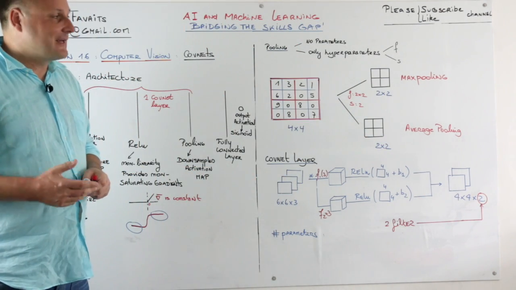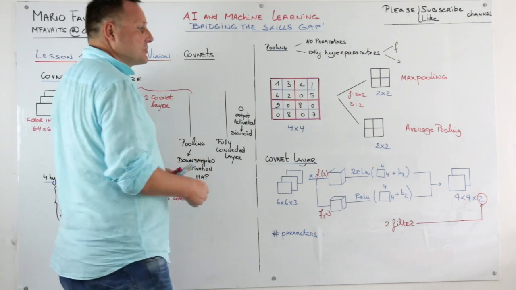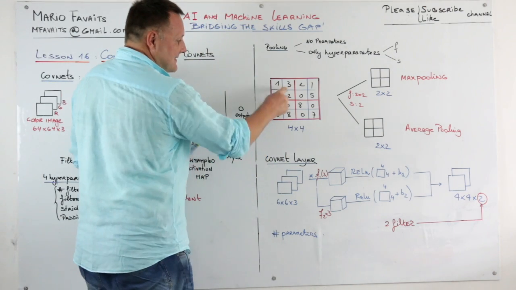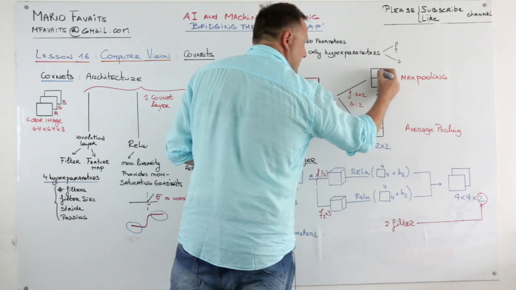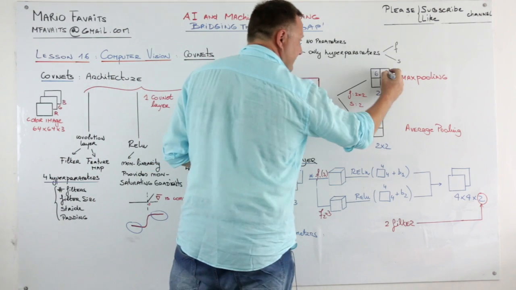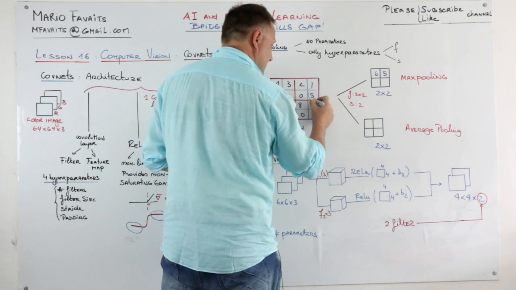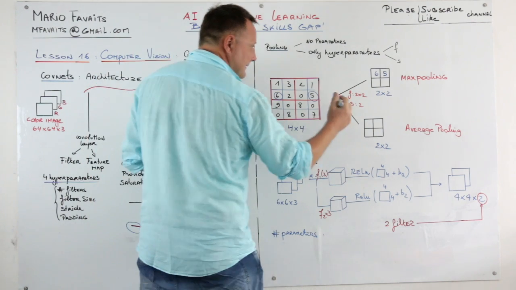Max pooling is clearly the one that is used. I don't see a lot of average pooling. So in this case, the largest number here is 6. So we put here 6. In the second square, it's 5. Then the lower left corner, 9.